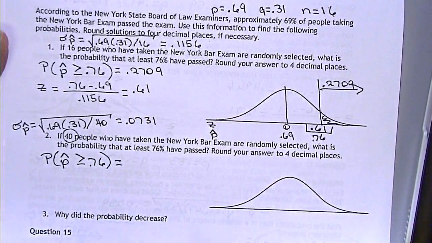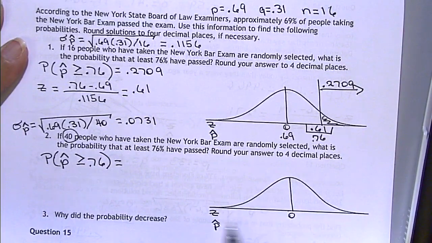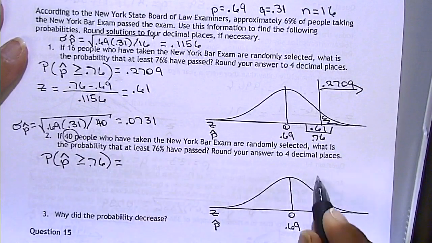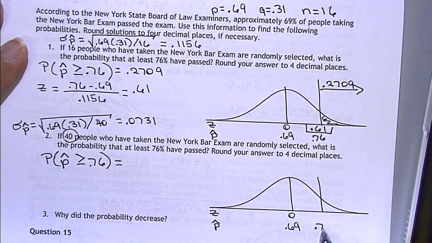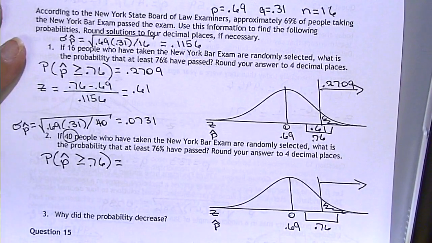All right, so that's what I have to use. Now I'm going to go down here and draw it. I'm going to say this is z, and this is p hat, and this is 0.69. None of that changed. 76%, still the number I'm interested in. Still the greater than, right? Still the area to the right. Nothing's changed. My curve looks exactly the same.